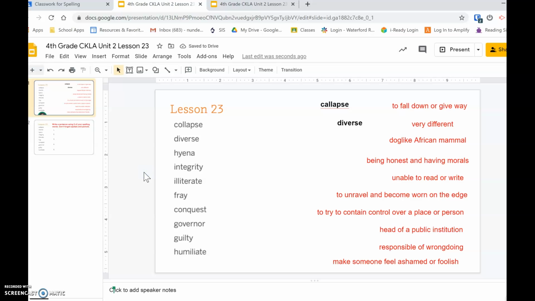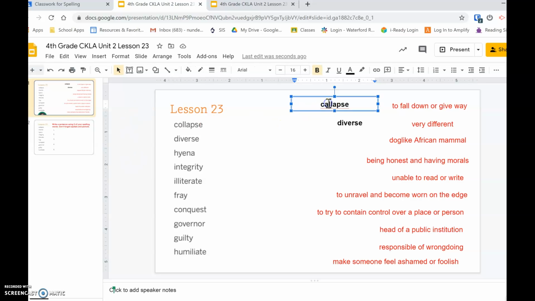Okay, so I actually realized I have these in the same order, so I'm going to switch them around and put them in a different order just to trick you a little bit. And look, it's not "collapse." I showed you wrong when we were doing collapse. Let me show you that again. It's "coal," not "cull." It's collapse.